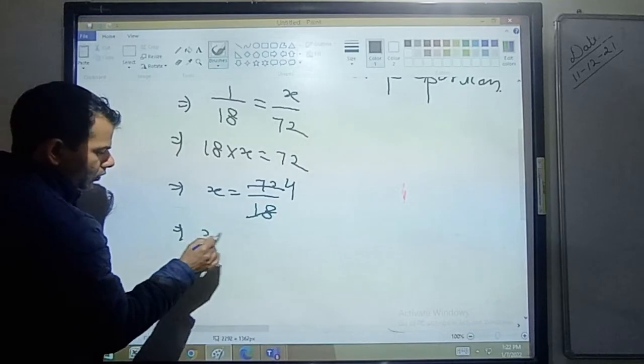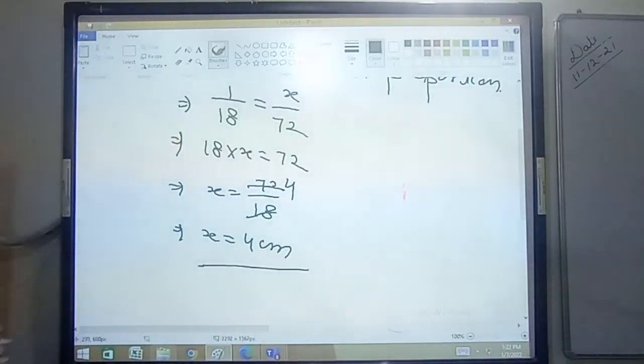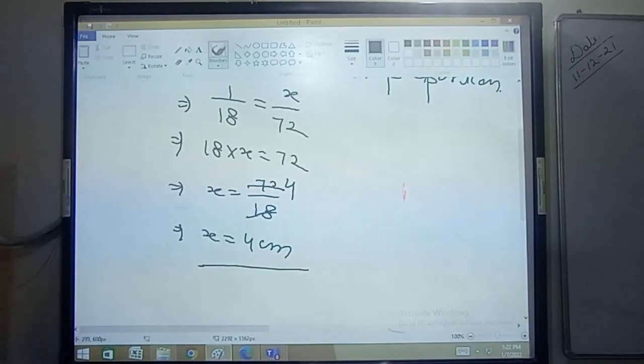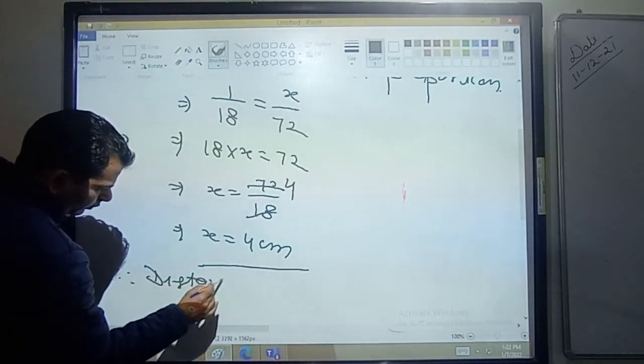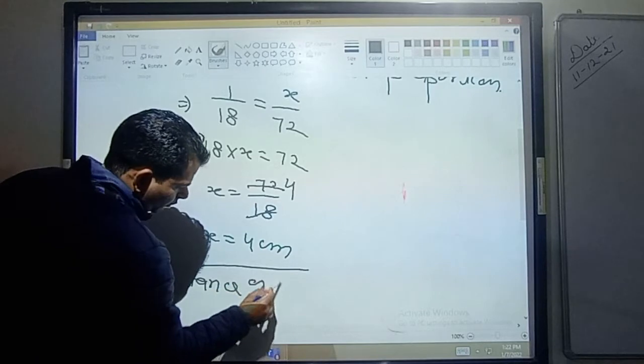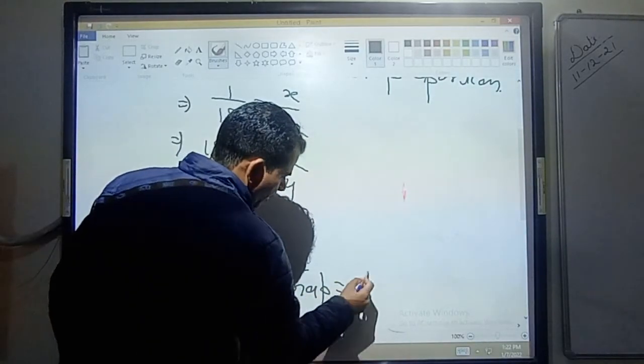So x is equal to 4 centimeters. So the distance on the map is 4 centimeters.